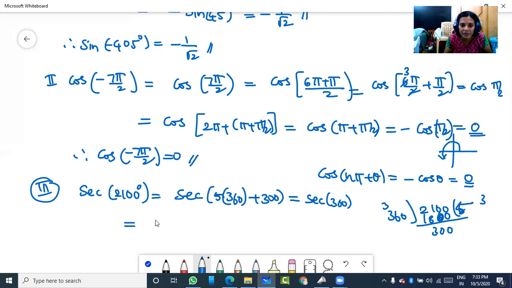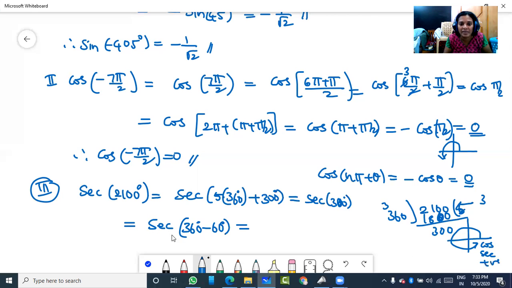Then 300 can be written as sec of 360 minus 60 degrees. It is 300 degrees, no? So this is equal to, in the fourth quadrant, cos and sec are positive.